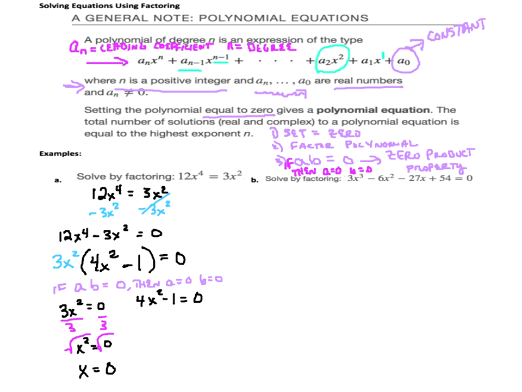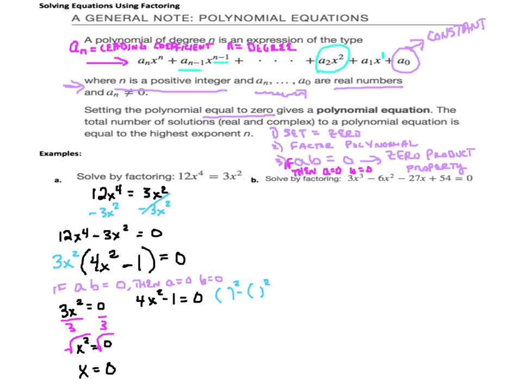If you're rusty on your factoring, this one may blow your mind here for just a moment, but bear with me. This is a difference of squares. It's something squared minus something squared. Here, I'll write this off to the side. Can't not explain it.